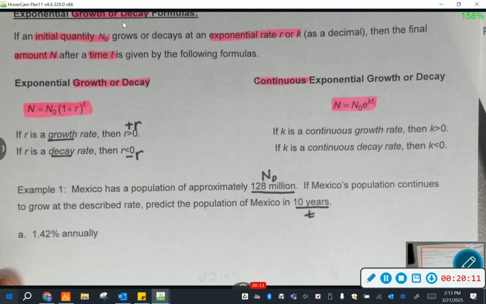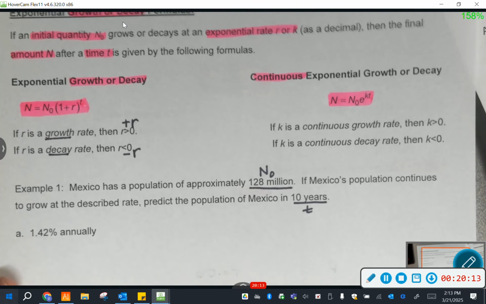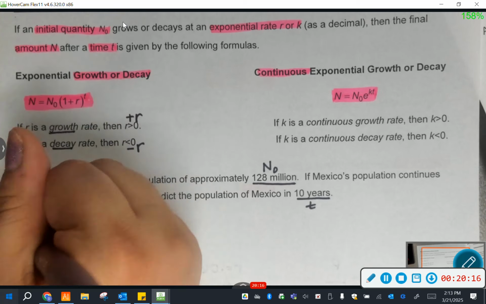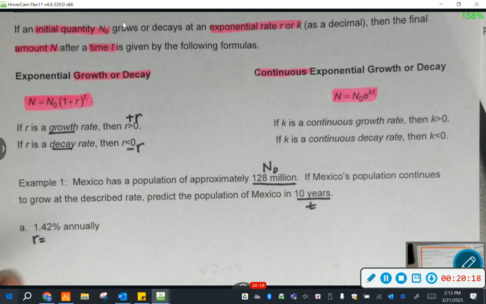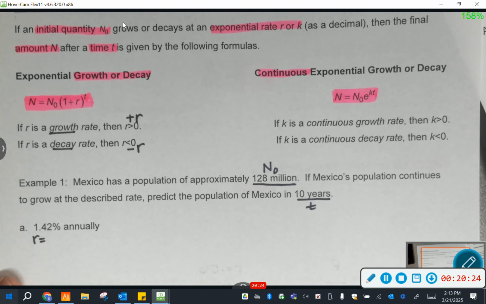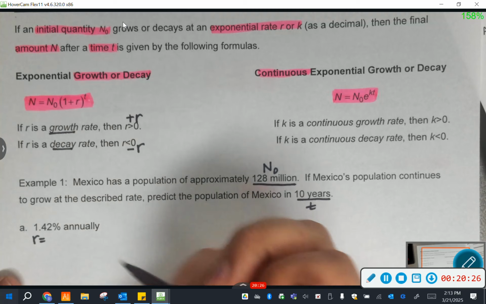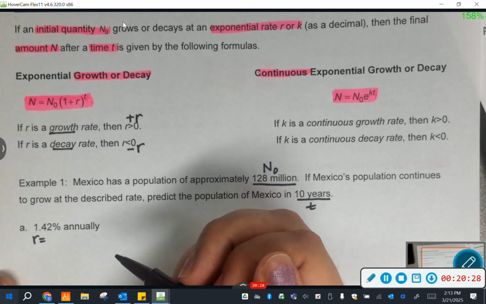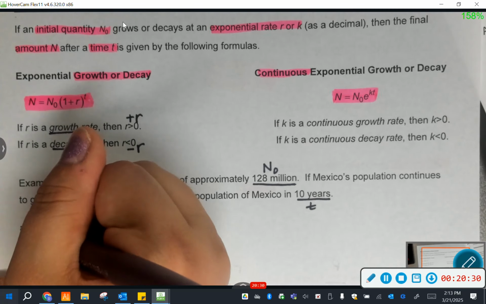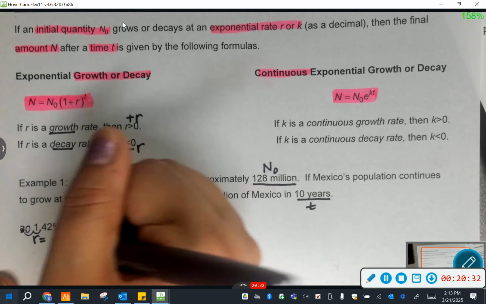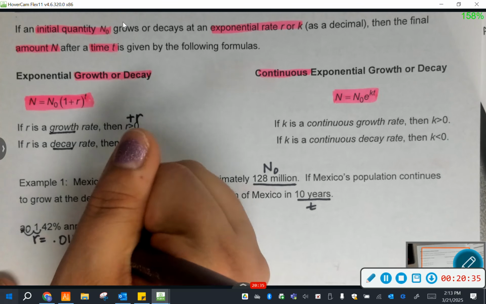And then I know the rate. What would this rate be? It's going to be growth because it's positive. And how much is it going to grow by? 0.0142.